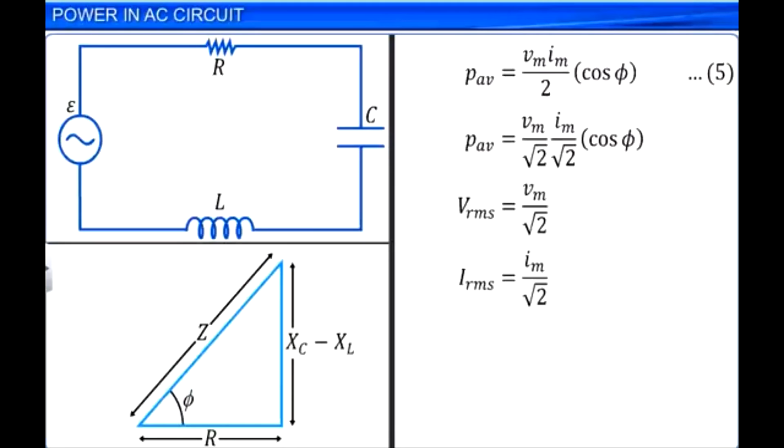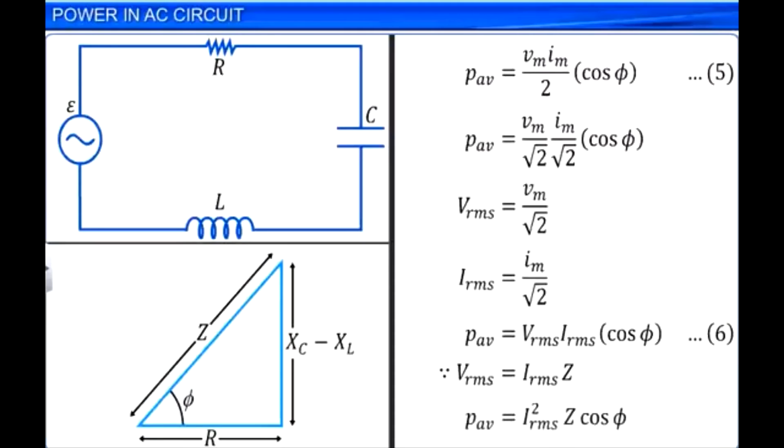Let this be equation 6. Since Vrms is equal to Irms into Z, we can write average power PAV is equal to Irms square into Z cos phi. This shows that the power dissipation depends not only on the voltage and current in the circuit, but also on the cos of the phase angle phi between them. The term cos phi is called the power factor for the system.